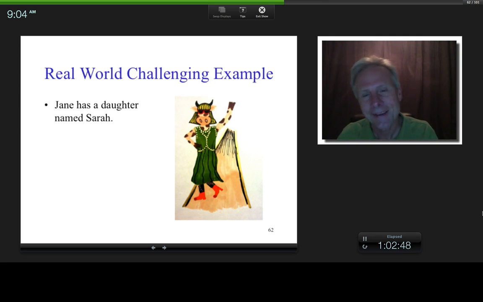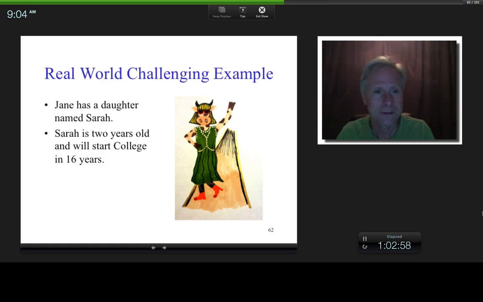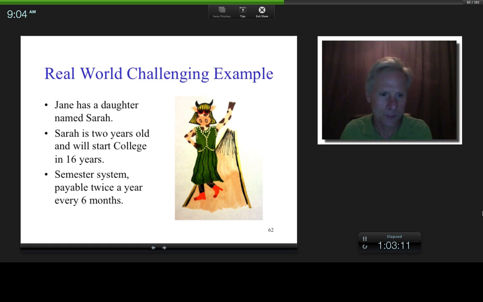All right, great. Now, is she a genius? Is she going to start college at age 10, or the normal time, age 18, or what? All right. Well, let's just assume that she's going to start college in 16 years. And let's say that the college she goes to is on the semester system, and it's payable twice a year, say every 6 months.